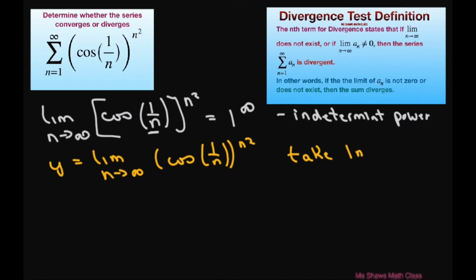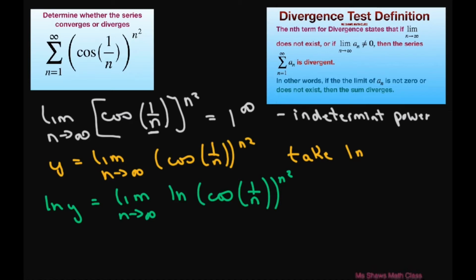So this is going to give you ln of y equals the limit as n approaches infinity of ln of cosine of 1 divided by n to the power of n squared. Now, I'm going to use my properties of logs and bring this n squared down. So I'm going to put that in front right here, n squared, and take it off here.